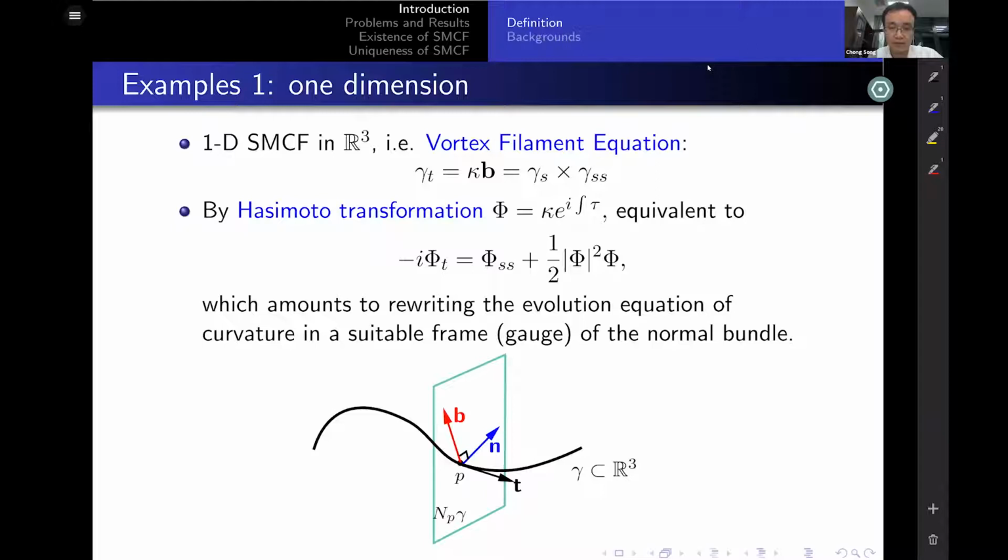So if you can find a frame of the normal bundle along the curve which is parallel along the curve, and then you express the curvature vector in this modified frame, then you can naturally get the cubic Schrodinger equation.